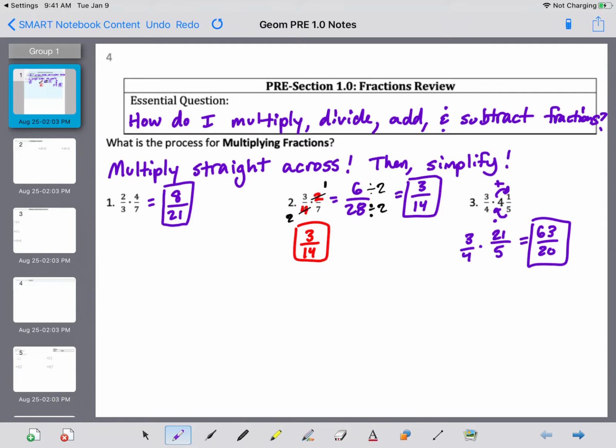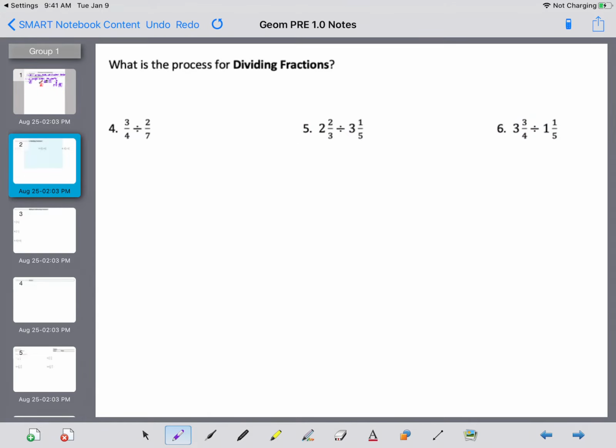All right, let's move on to dividing fractions. It's actually very similar to what we did in multiplying fractions. You might have heard this before: keep, switch, and flip.